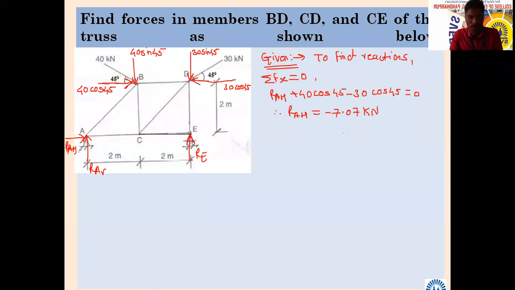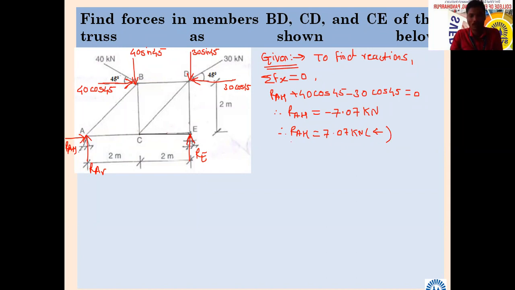The force is towards the left hand side. Is it correct? Yes, sir. So we will write as it is: RAH equal to 7.07 kilonewton, towards left.